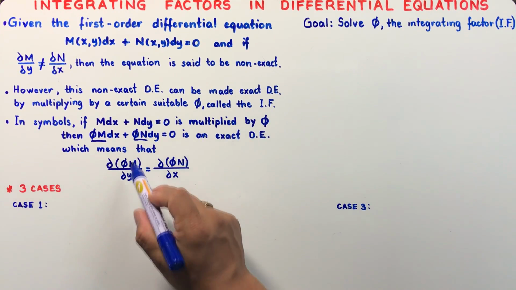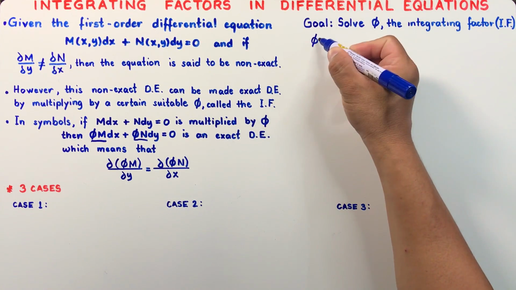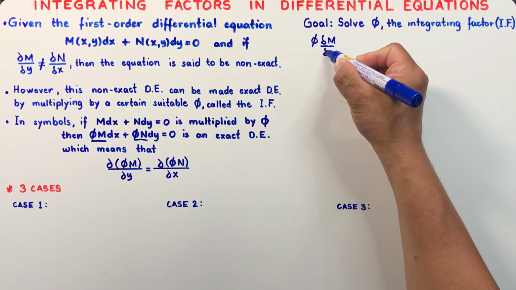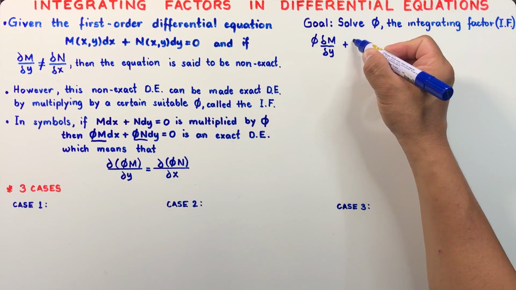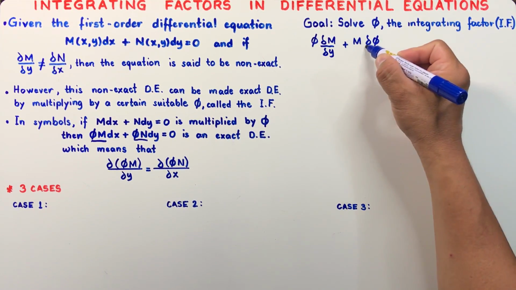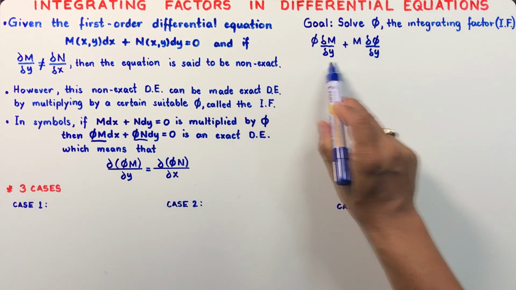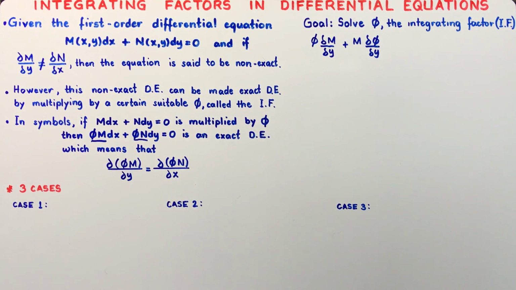Applying the product rule, we have phi times the partial derivative of M with respect to y plus M times the partial derivative of phi with respect to y.